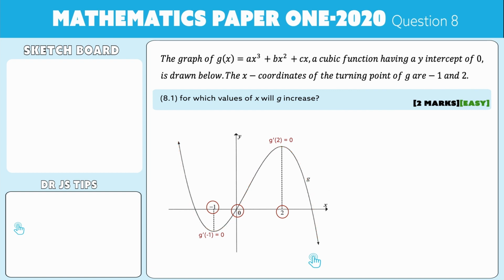We had here that the x value was -1, and the x value at that point, not g of x, was 2. So we knew that between -1 and 2, the function is increasing. And that's what they're asking us for 2 marks.